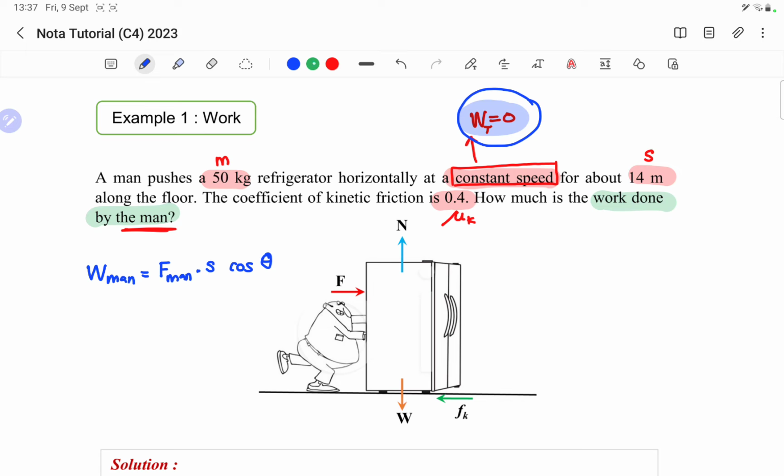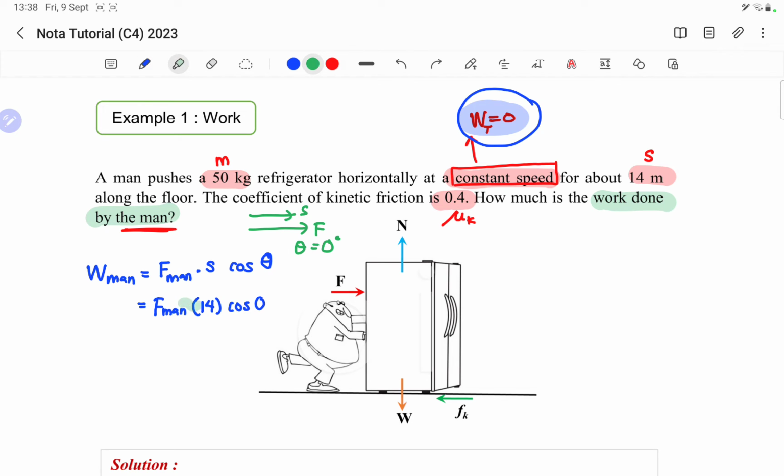In this case, force to the right, S to the right, so theta equals 0 degrees. We don't have any information about the force by the man, but we know the displacement, and cos 0 is 1. So 14.